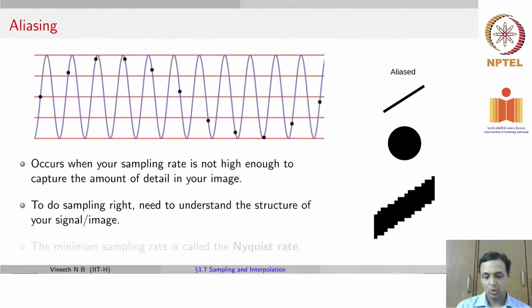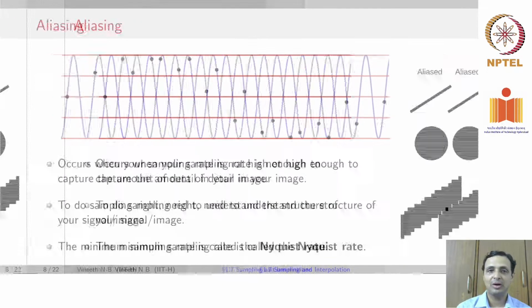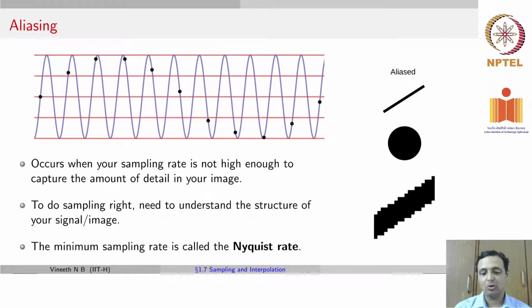So to get the sampling right, ideally you need to know the structure of your original signal. And this is where an important concept called the Nyquist rate comes into the picture. We also mentioned this briefly in the previous lecture, but the minimum sampling rate that is required to reconstruct your original signal, or to capture the original signal in its actual form, is called the Nyquist rate.